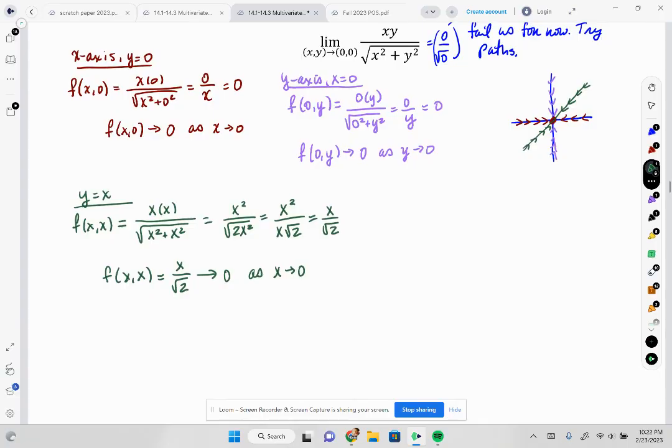I don't just have a constant, I have a function. And we know that if we take the limit of a function and we can do direct evaluation, then we do so. That's all I did. It's just direct evaluation. Let x go to 0. So I'm getting the same limiting value, but this is just 3 paths. I need to try 2 more. I'm not allowed to stop yet. Okay, I am going to try y equals x squared.